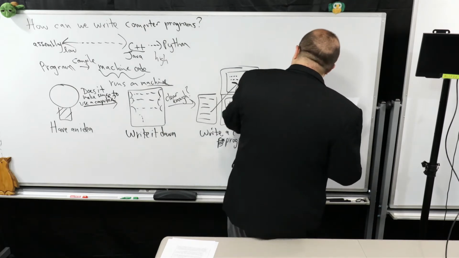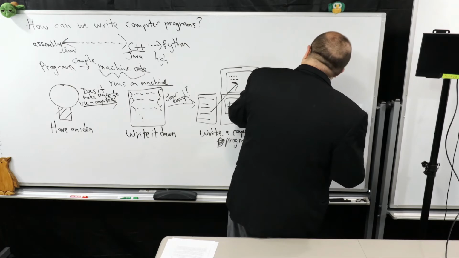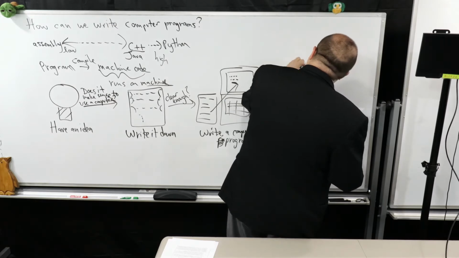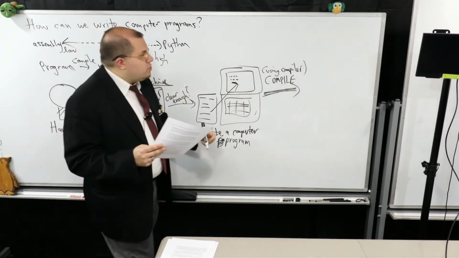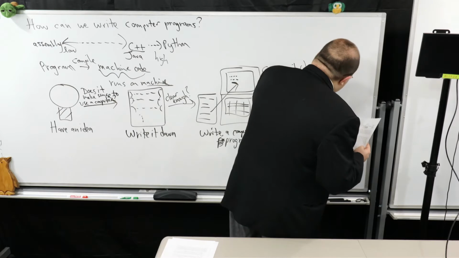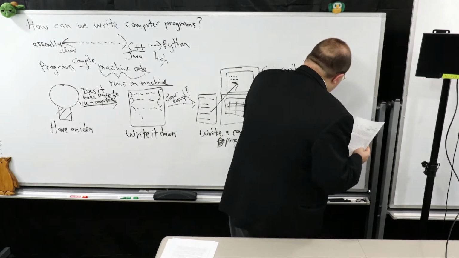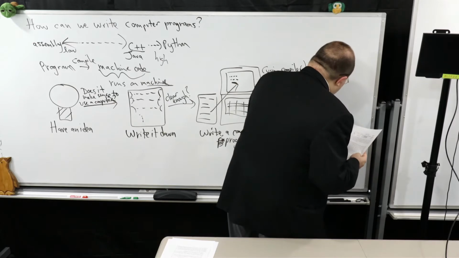And now the big thing, like the translator I talked about earlier, you're going to have a compiler. Using a compiler for that given programming language, you would compile this into a proper computer program for a machine to execute.